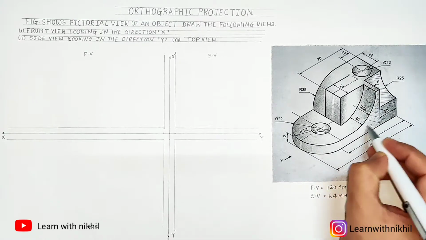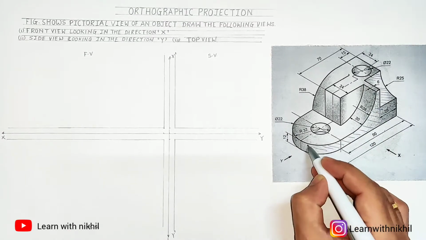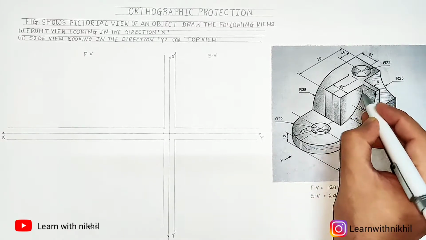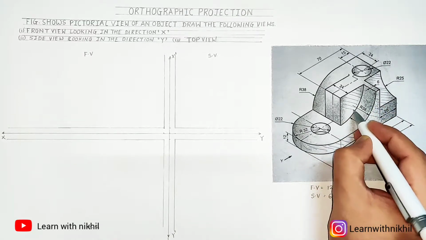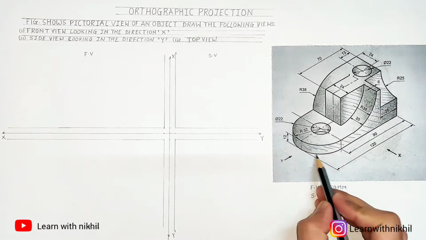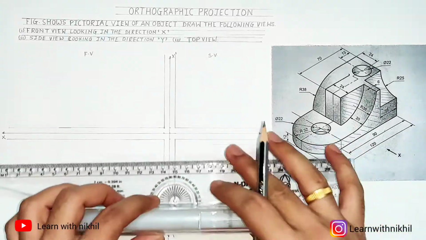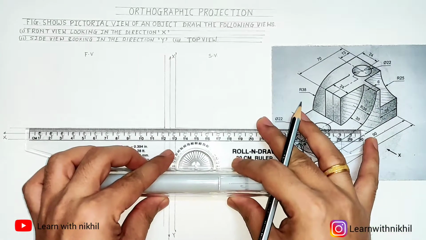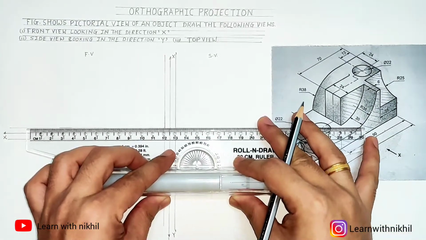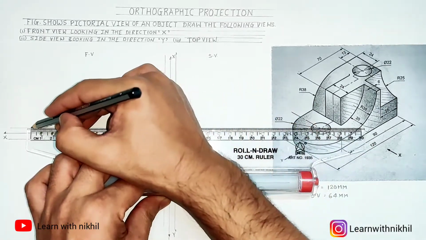This semicircle will look like a curve from the front view, and this semicircle will look like a rectangle from the front view. So this highlighted part will be visible from the front side. This curved part will look like a straight line from the front view. So total we have to draw a straight line of 120 millimeters for the front view.